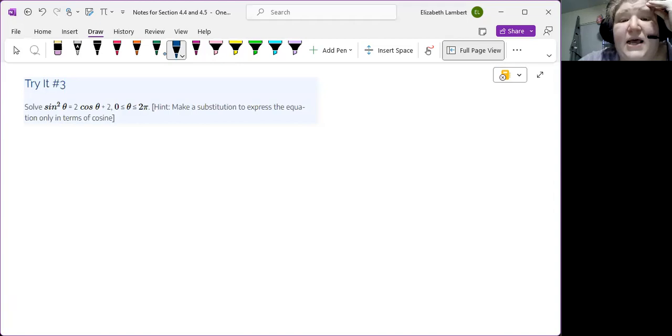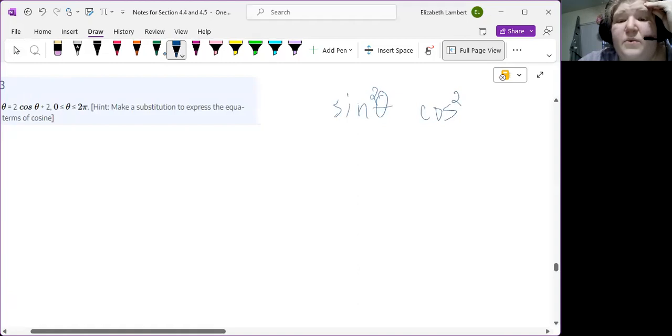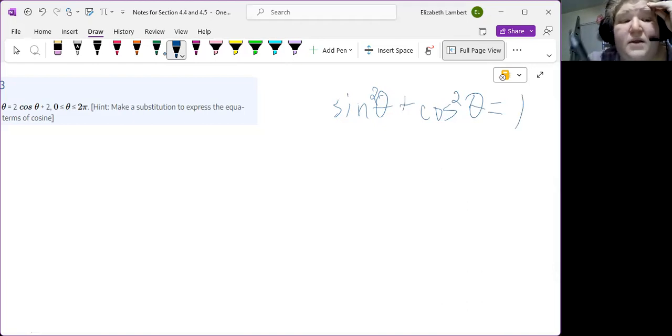Which identity has sine squared and cosine squared? Sine squared theta plus cosine squared theta equals 1, because that's the Pythagorean one.